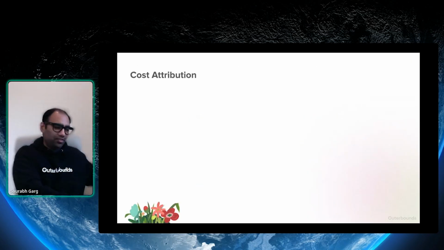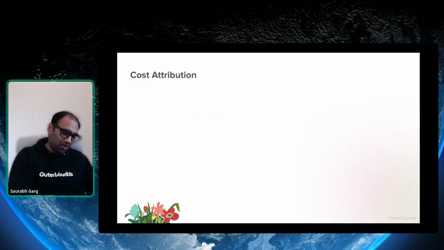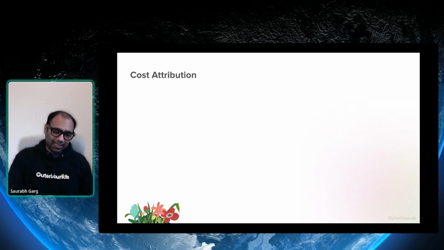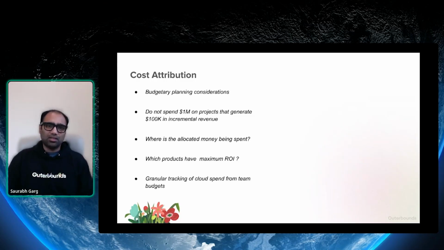So assume we've done all of these things and we are now running in a super optimized manner. One of the core problems of our time is, as I said, GPUs are expensive, and if you are spending, let's say, $1 million on cloud spend, you do want to be able to understand where this money is going and how much value is being produced by the investments being made in cloud spend.